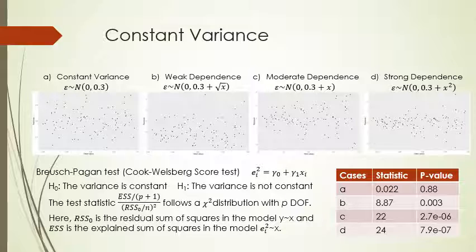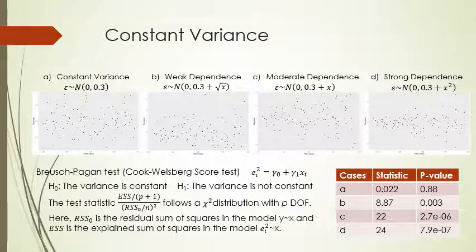In case B, the error standard deviation is weakly dependent on x, with 0.3 plus square root of x. The residual plot shows the residual has an overall smaller variance when x is small. In case C, the error standard deviation is 0.3 plus x.